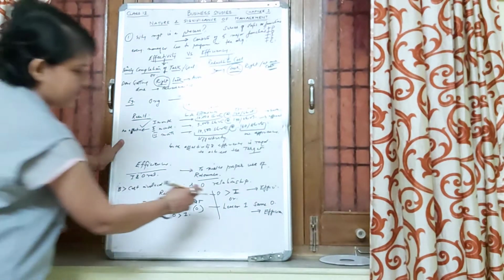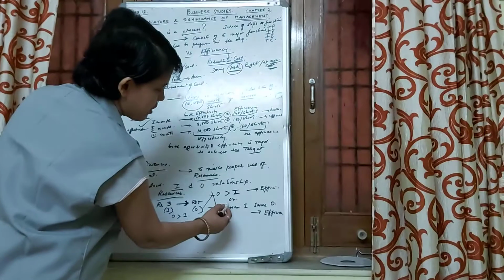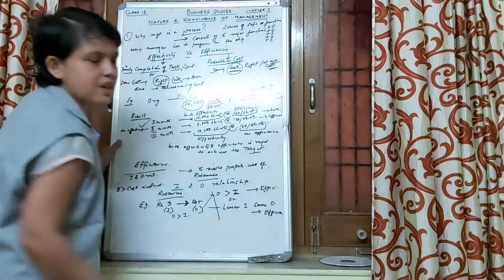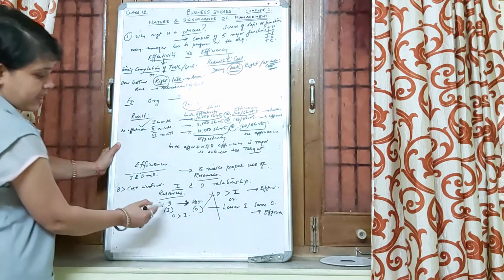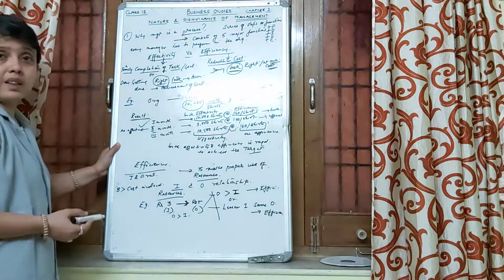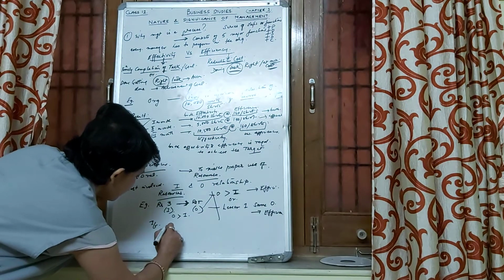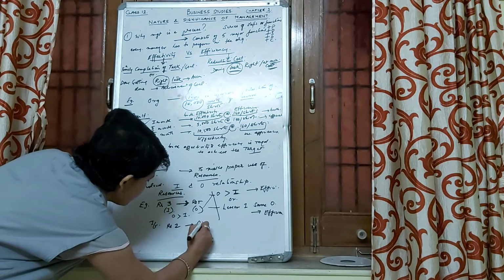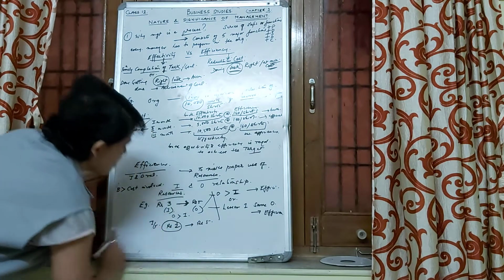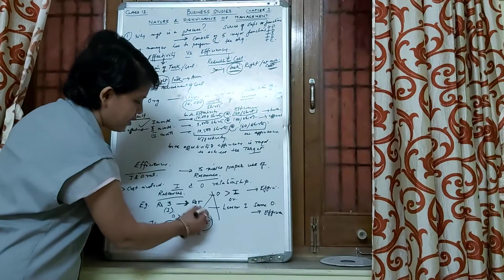Now the second case. In the second case, efficiency is maintained when lesser input is used and we get the same output. Earlier we were using 3 input and we were getting 5 output. If we use rupees 2 instead of rupees 3 and we get the same output, rupees 5, what does it show?